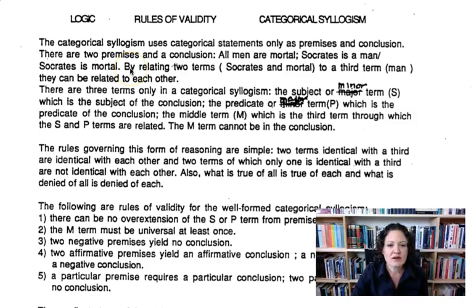Now, the reasoning here is that by relating two terms, Socrates and mortal, to a third term, man, they could be related to each other. So we're going to have three terms in a syllogism. There are three terms only in a categorical syllogism. The subject term, or the minor term, is called the minor term because it's the term that is in the minor premise.